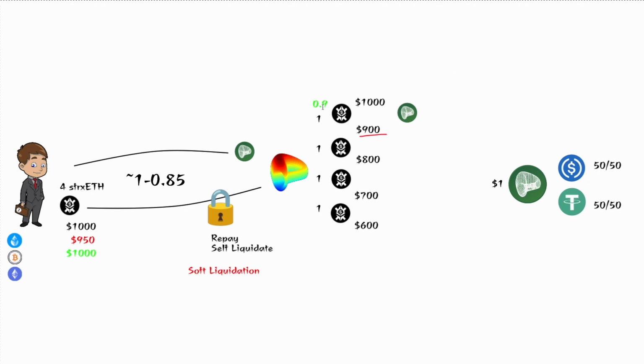Okay, so there will be some loss to his collateral, but if the price recovers, he will gain back his collateral. And then if the price goes parabolic, right, to $2,000, $3,000, then he will have at least, you know, 3.9 Frax staked ETH sitting in this. So when he repays it, he will get all that money back.